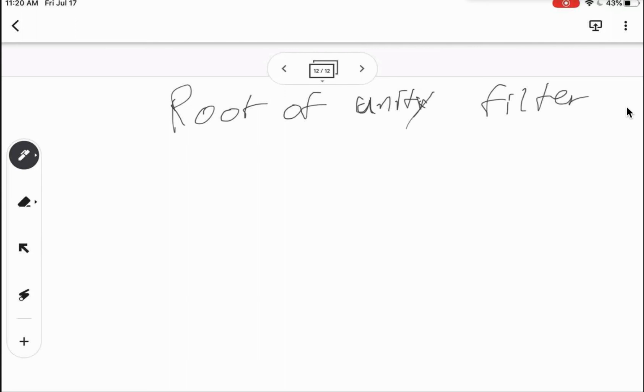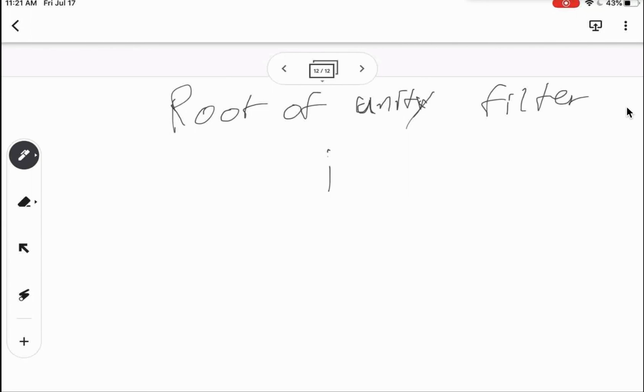So basically what a root of unity filter does is you input some sort of complex number such as i, and then you evaluate the generating function such that some terms cancel out, and we'll see what I mean by that.